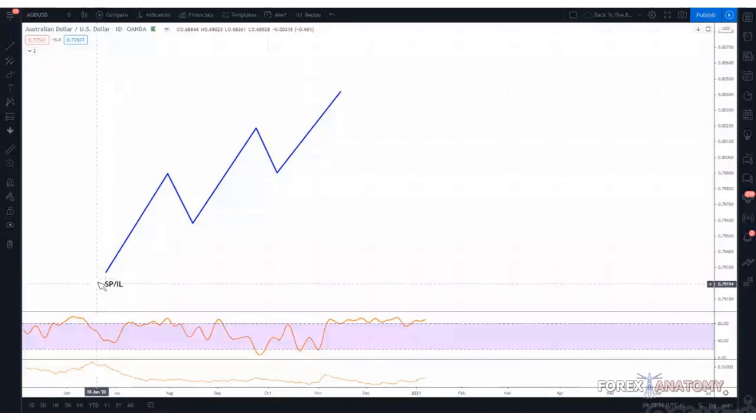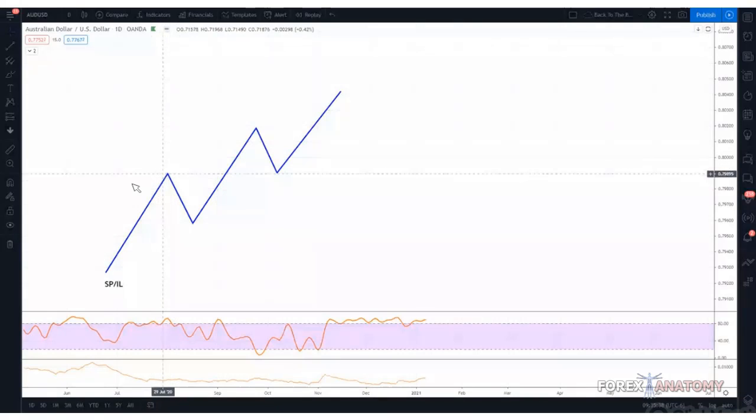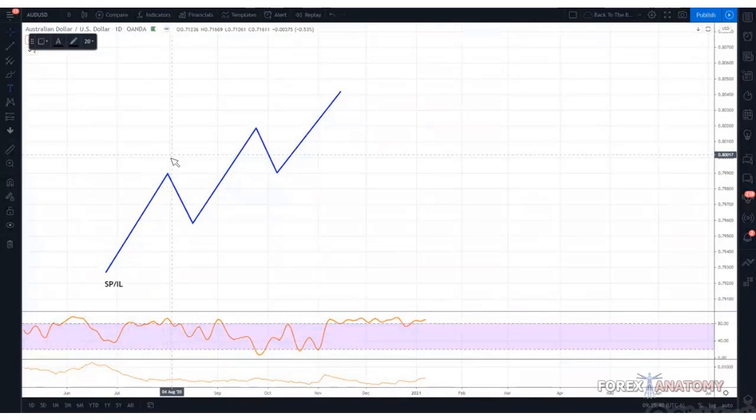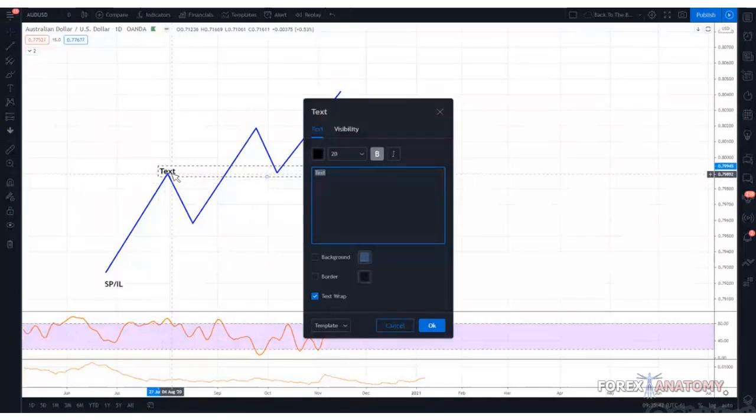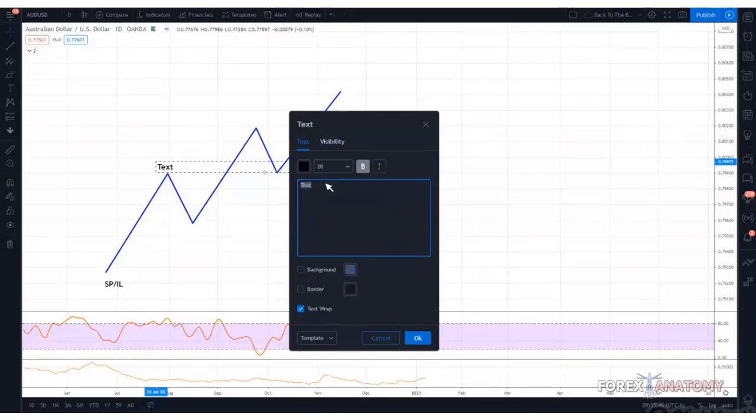So we have this initial low, and then price comes up and forms, let's just say, an initial high, which is IH. We call that an initial high.